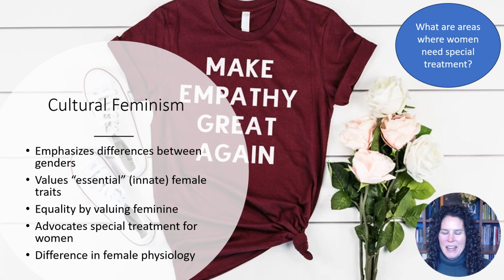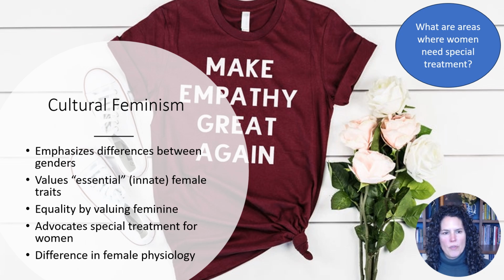That's in the cultural feminist tradition. And cultural feminists would say it's not our differences that are the problem. It's instead that we have tended to value traditionally masculine traits like being strong and brave more than being nurturing and caring, or that we've valued intellect over emotion. And what we really need to do is give equal value to these male and female traits.